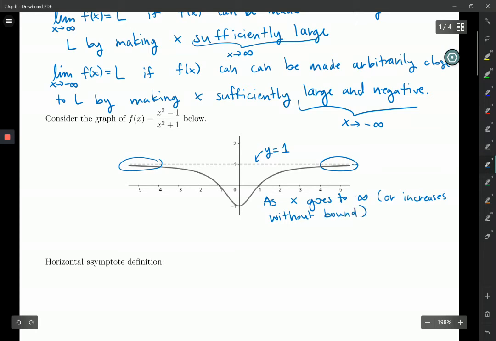So it can be hard to wrap your mind around the idea of infinity. It is a pretty strange concept, but maybe increases without bound is more friendly as an idea. I don't know. So either way you want to think about it. As x goes to infinity, the function gets closer and closer to 1.